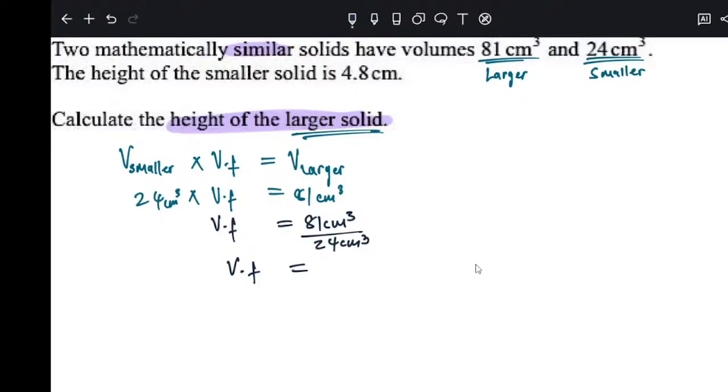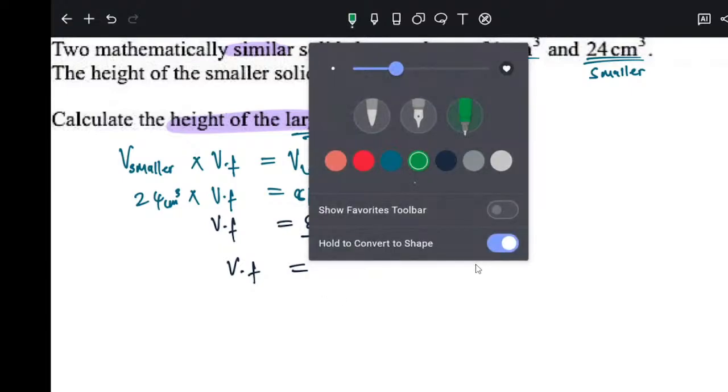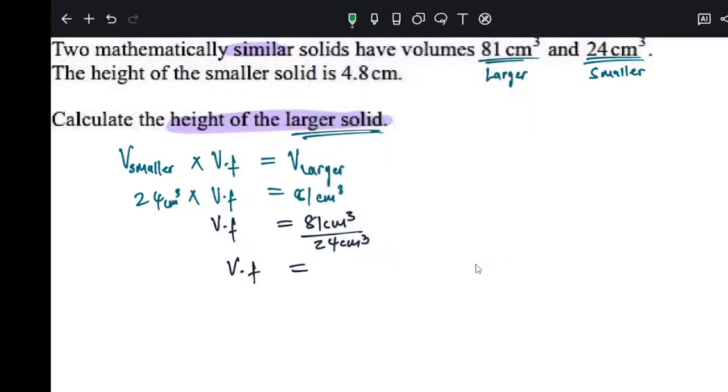It's 3 over 8. Good. It's 3 over 8 or 8 over 3. What is it? No, you mixed it up. 81 over 24.